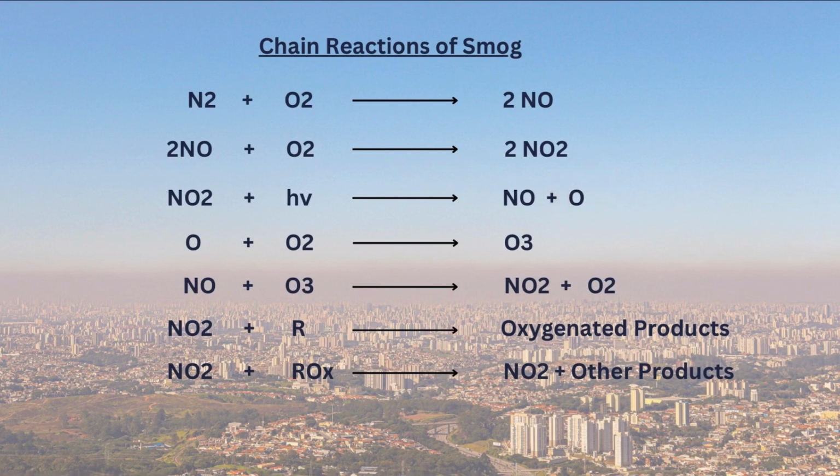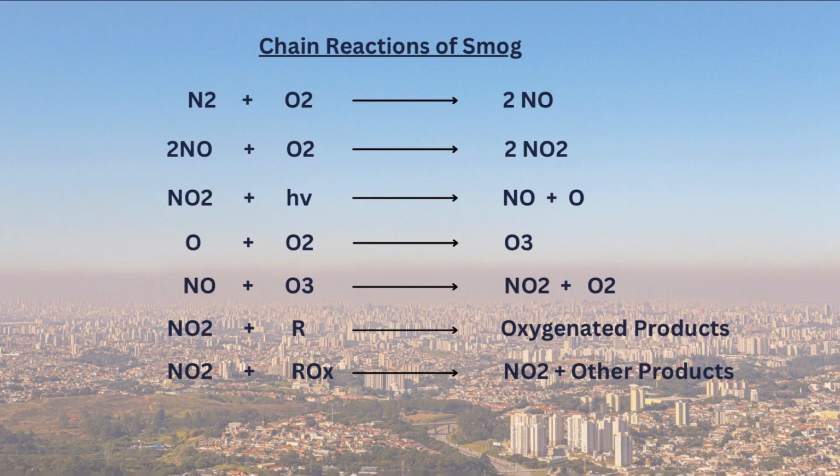The NO can then go back and again initiate the second step, or it may be used further in the chain of reactions. So NO2 absorbs light to produce NO and oxygen. So this is the third step.